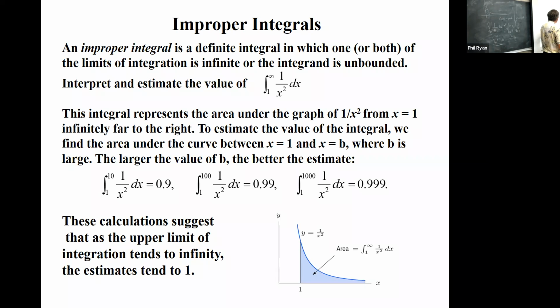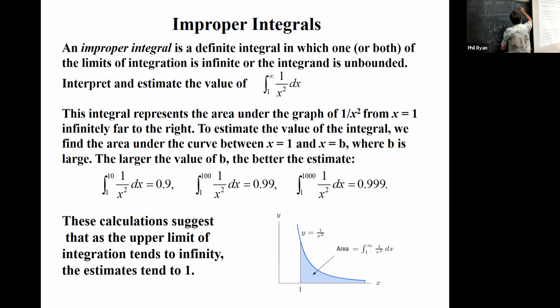Right, so the antiderivative of this, right? So if this is x to the minus 2, its antiderivative is, well, we add 1 to the power and we divide by it.